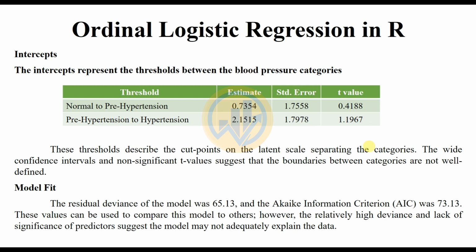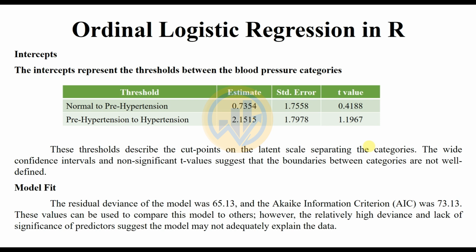The intercepts represent the thresholds between the blood pressure categories in the table. Normal to pre-hypertension: the estimated value is 0.73, standard error 1.75, t-value 0.41. Pre-hypertension to hypertension: the estimated value is 2.15, standard error 1.79, t-value 1.19.